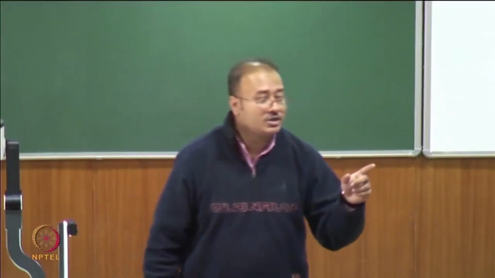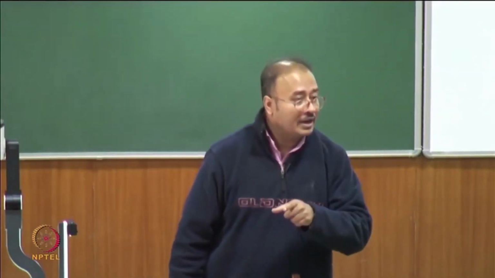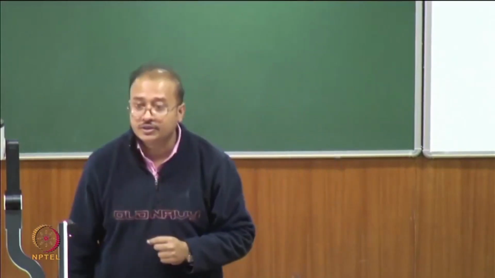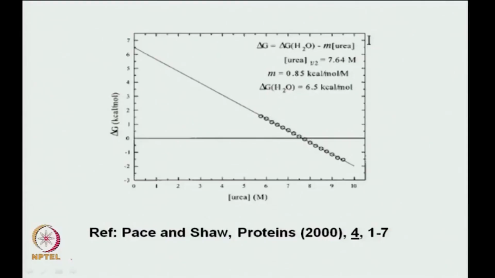We said that delta G was equal to delta G H2O minus m times the concentration of denaturant, and that is what you are seeing. It is a negative slope. Now, what is this value? Can someone tell me? Very good. So, this is delta G H2O, right.